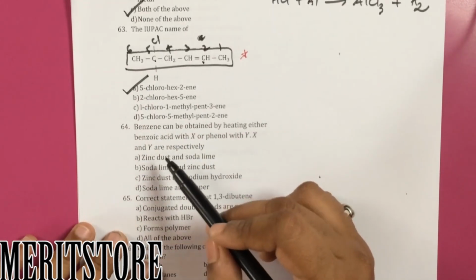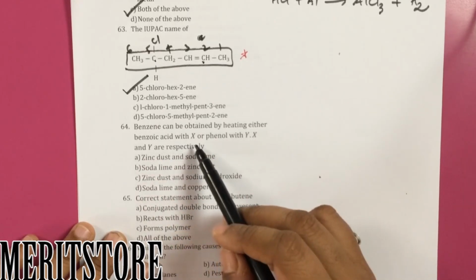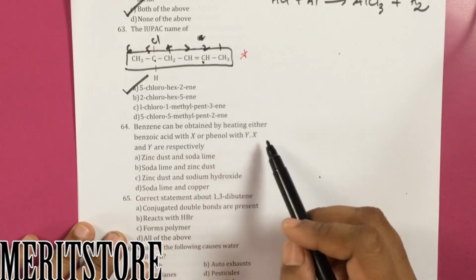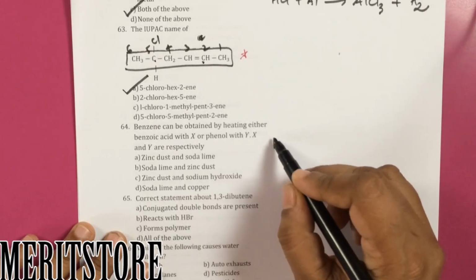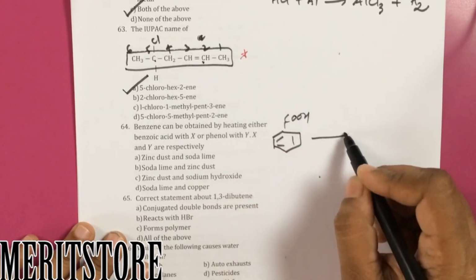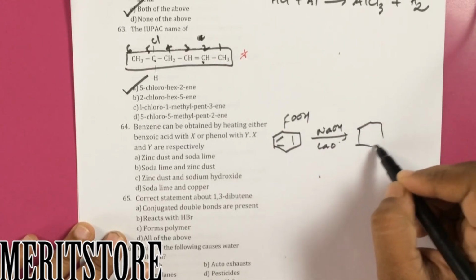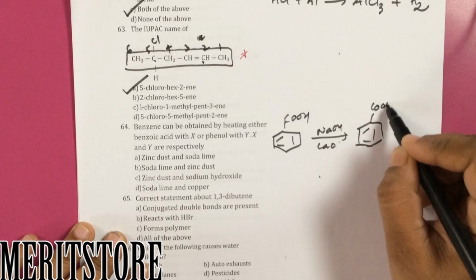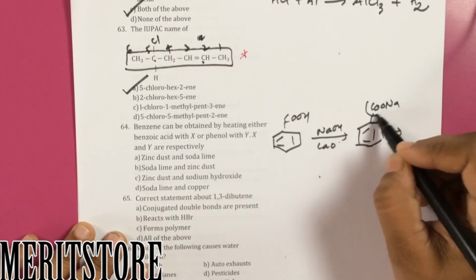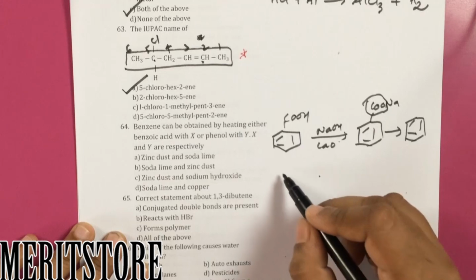Question number 64. Benzene can be obtained by heating either benzoic acid with X or phenol with Y. Benzene can be obtained from benzoic acid when we allow it to react with soda lime. Soda lime first gives formation of the corresponding sodium salt, which undergoes decarboxylation to give benzene.